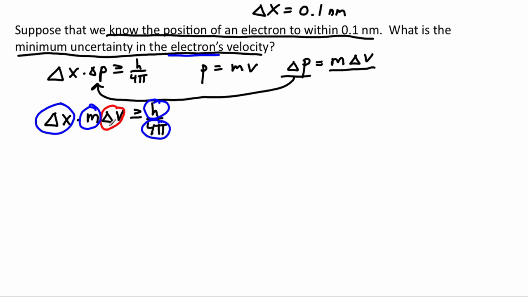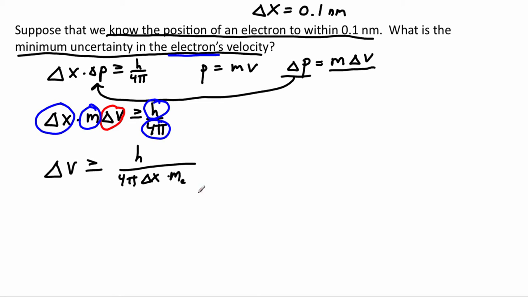So we have to isolate it, we have to divide both sides by this. So we have delta v greater than or equal to h over 4 pi, but since we're dividing both sides by delta x, we can put that over here, and we're dividing both sides by mass. And I'll put m sub e because we're talking about the mass of an electron.